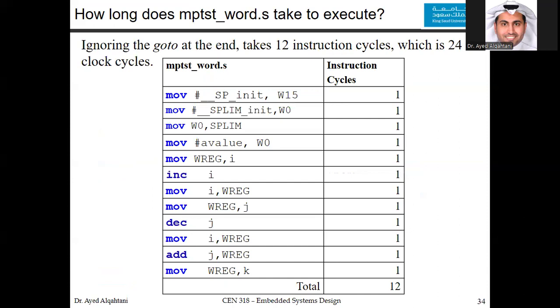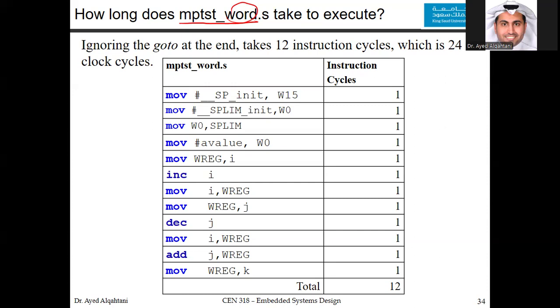Now, again, we will try to calculate how long the code for the word version takes to execute. Again, each instruction will have one instruction cycle, with a total of 12 instructions, meaning you need 12 instruction cycles to execute the code, which in turn needs 24 clock cycles.